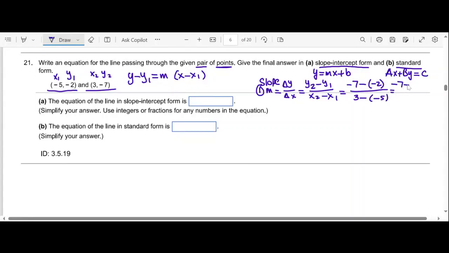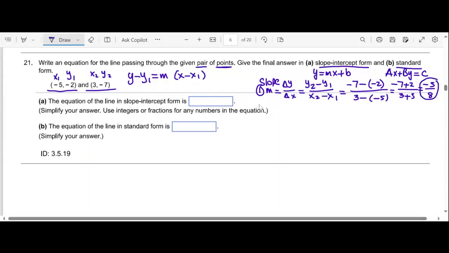So negative 7 plus 2 over 3 plus 5. The top will be negative 5 over 8. So that's your slope, which is m.